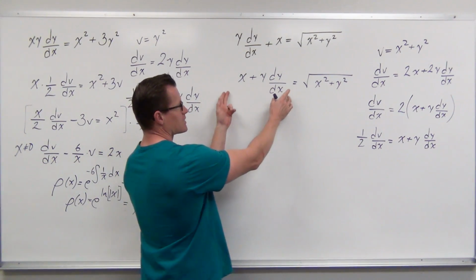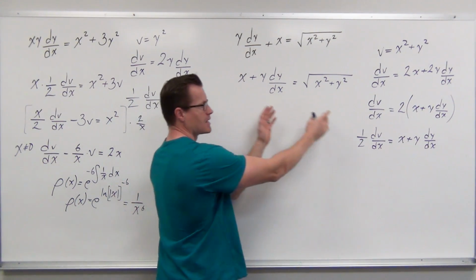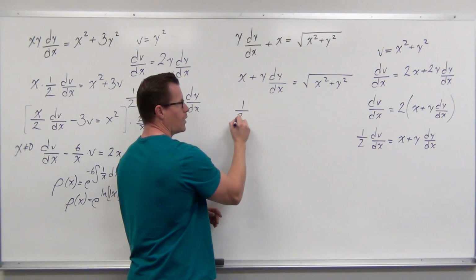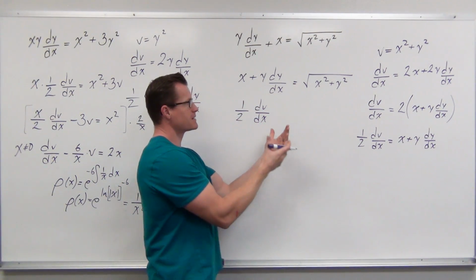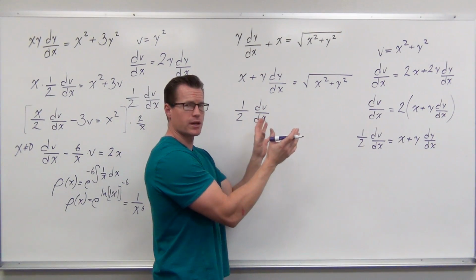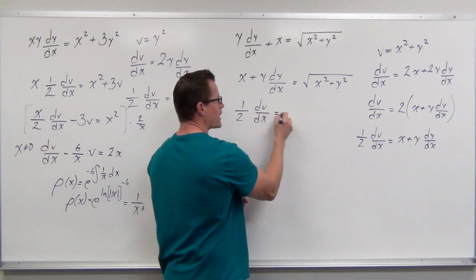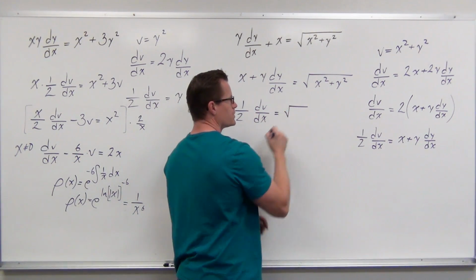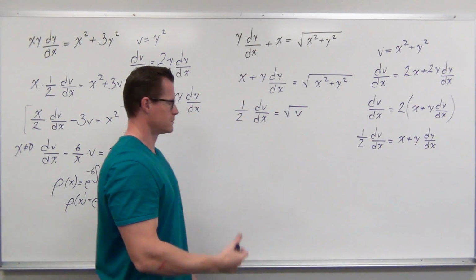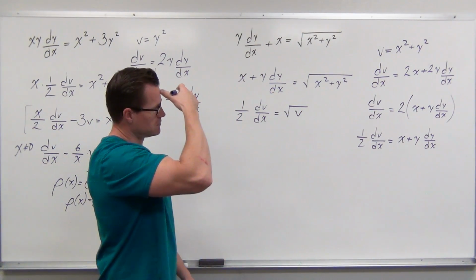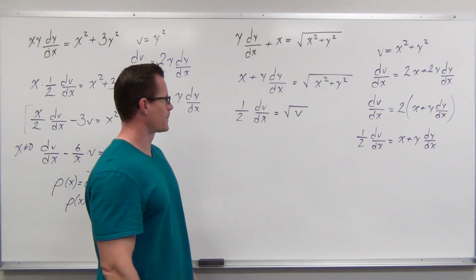So left-hand side, x plus y dy dx, that's equal to 1/2 dv dx. That's great. Every instance of y on the left-hand side is gone. It's wrapped up in a dv dx. On the right-hand side, we'd have square root of v. Wow, wait a minute.